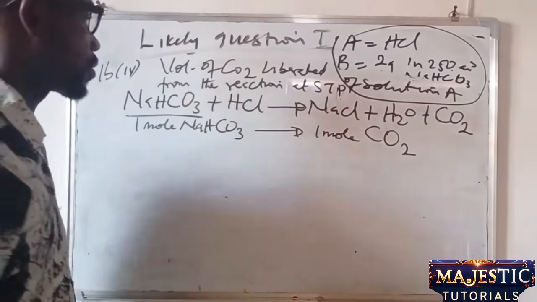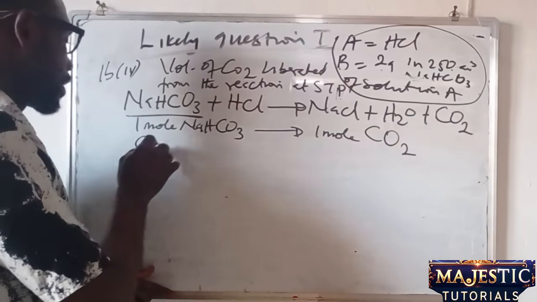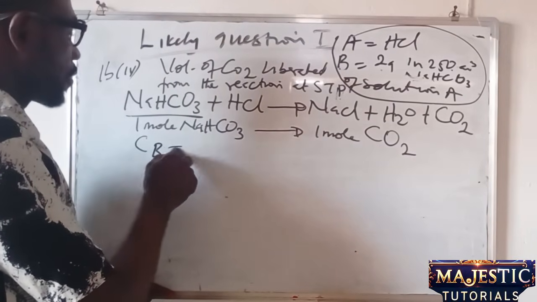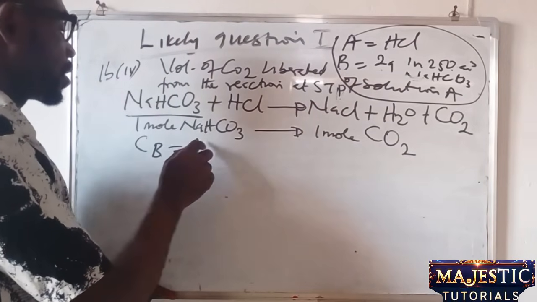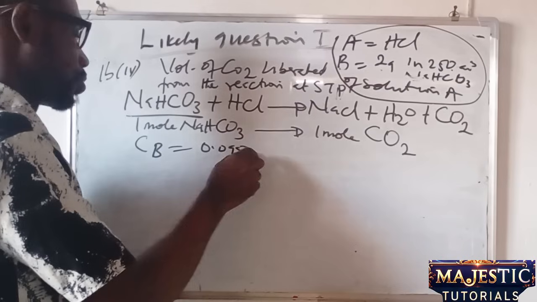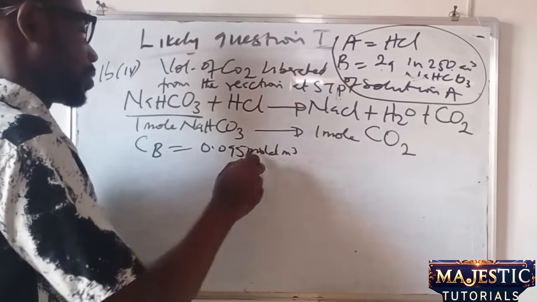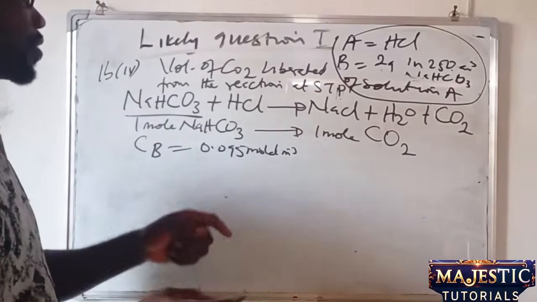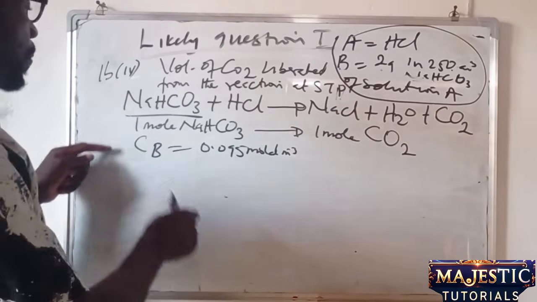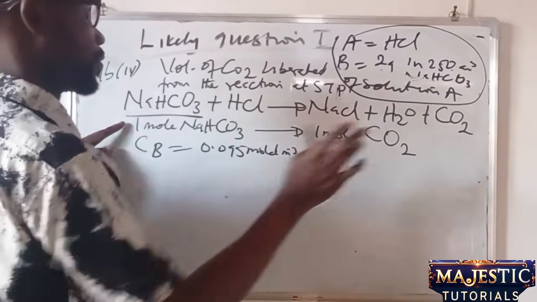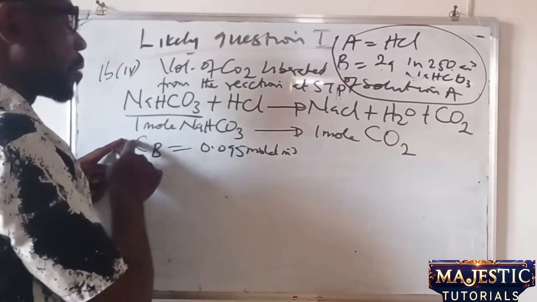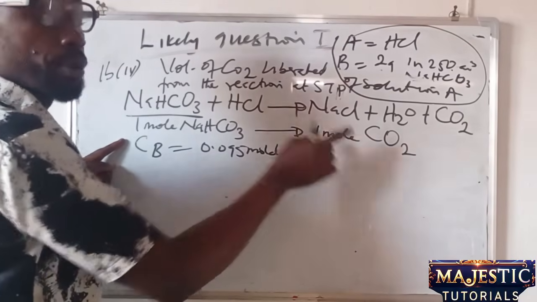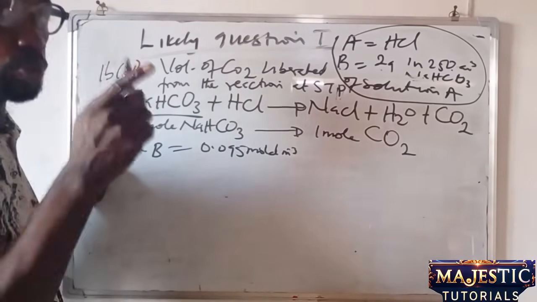Now, you go back to find out the CB. From our concept, what's the concentration of this B? Which is 0.095 mole per dm cube. Okay? And this implies that they said from the reaction. Okay? This also implies that if 1 mole will give us 1 mole of this, automatically it implies that 1 mole will liberate 22.4, because 1 mole of any gas at STP is 22.4.